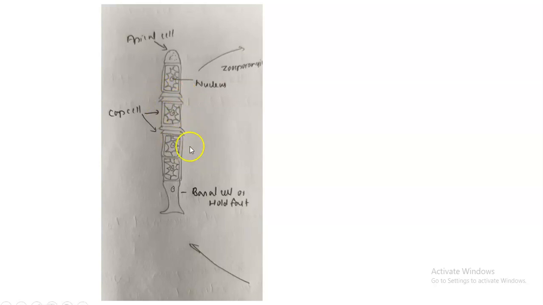This is one cell, this is another cell. Those cells which have a cap indicate that the cell will perform the reproductive function. Only those cells which have this cap-like structure will have the reproductive ability, which we will see in the upcoming slides.